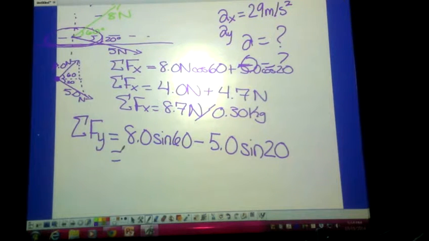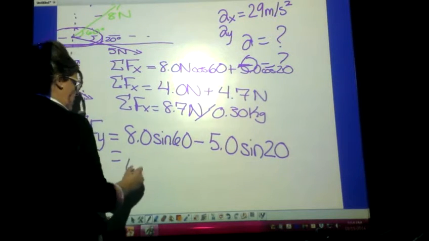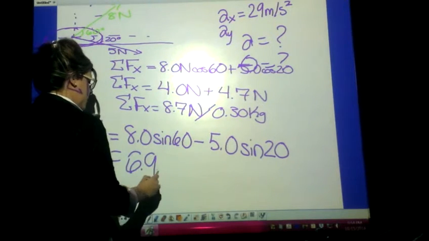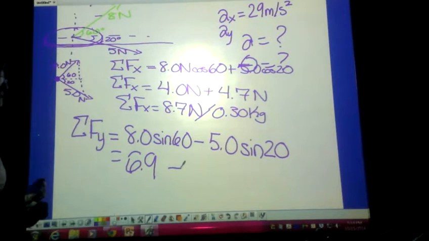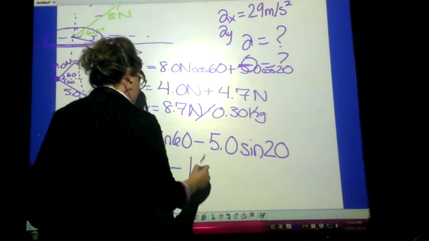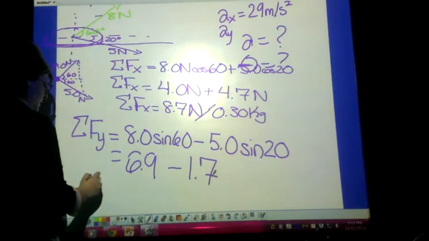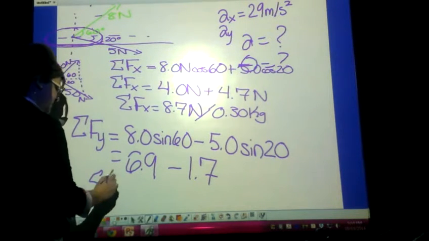So 8 sine 60 would be, oh my gosh, what is that, 6.9? 6.9 minus 5 sine 20 would be 1.7. That's a terrible sigma.